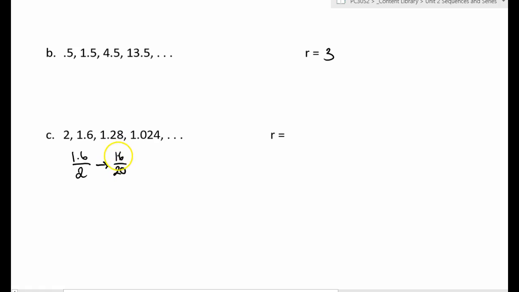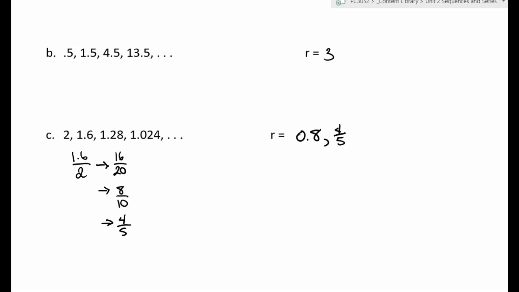Then from there you could figure out that it could be reduced to 8 over 10 or 0.8. This could even be reduced further to 4/5. So you could also write it as 4/5. You're not obligated to use a decimal. You can use a fraction, but you are allowed to use a calculator, so you can have a decimal as well.